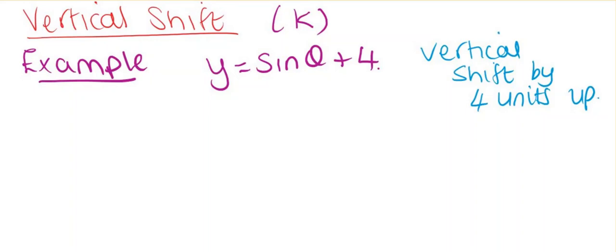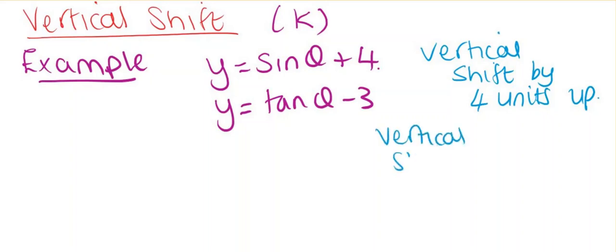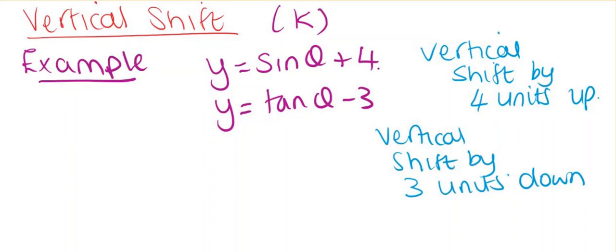If we have another example, tan theta minus 3, this time this would be a vertical shift by 3 units down towards the minus y.